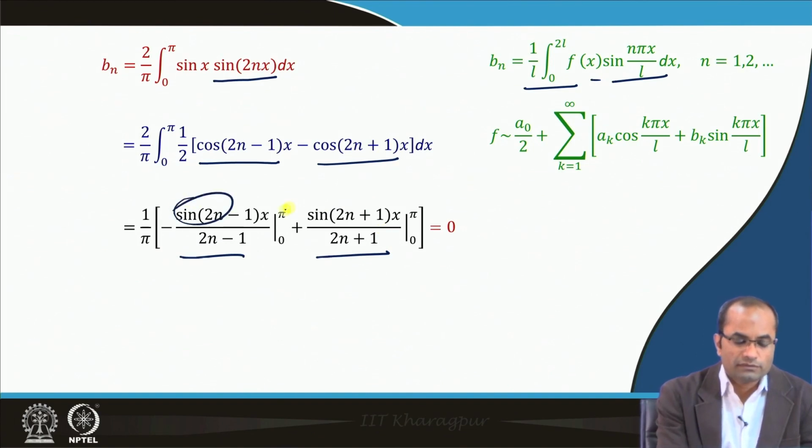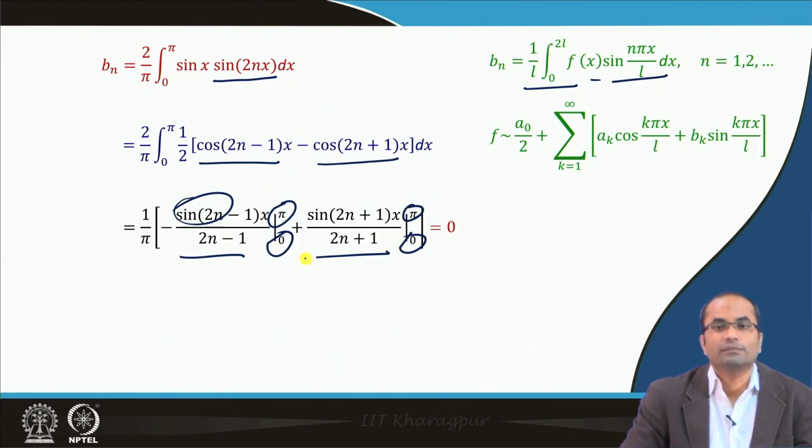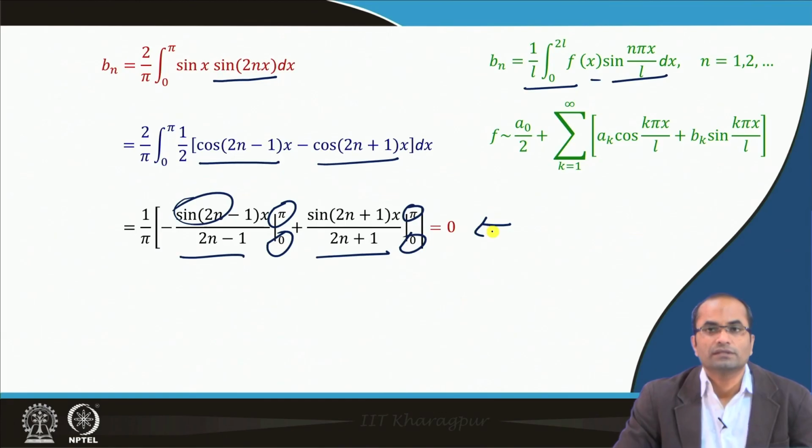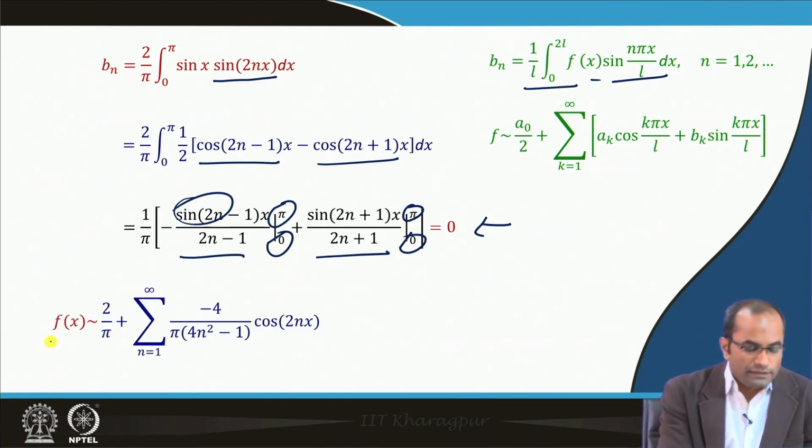Since the sine is here, whether we put pi or 0, this will be 0. So at the end we realize that b n is 0.